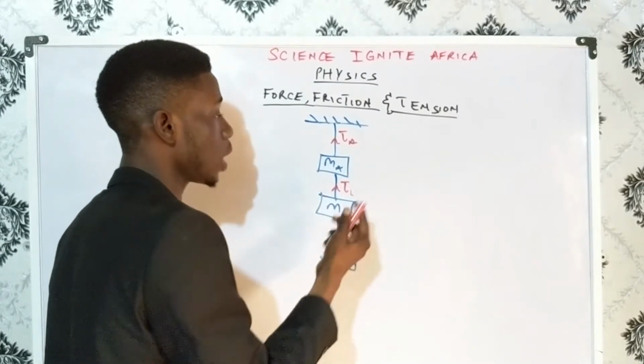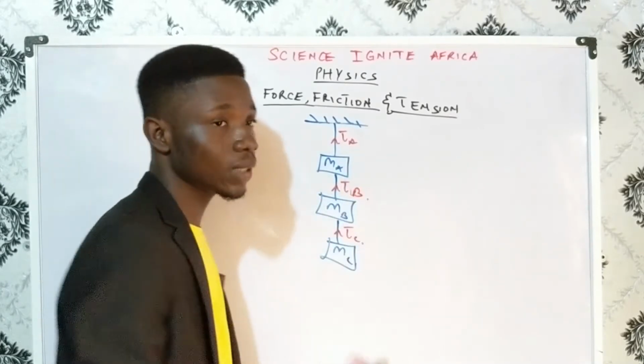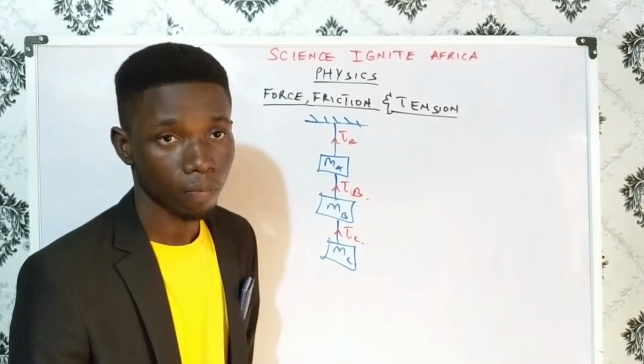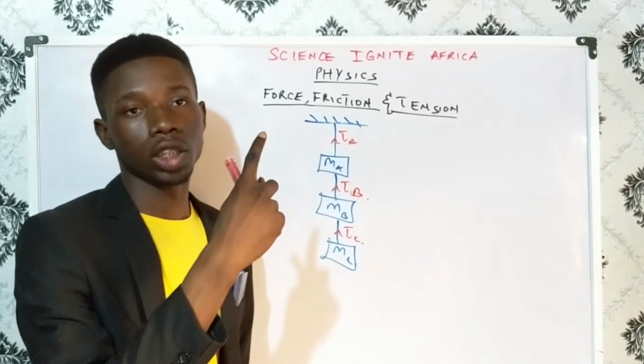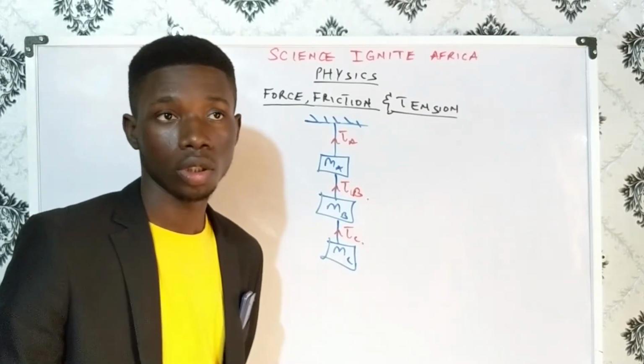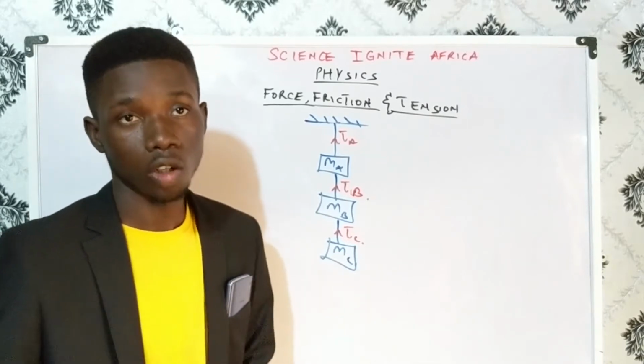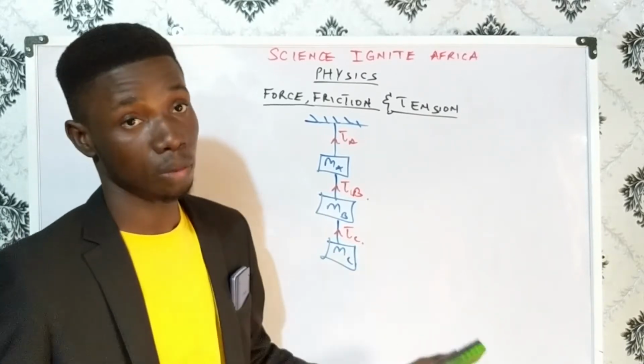Why? It's from what I've explained already the other time. I said if you are hanging a body, then the weight of the body causes a reaction in the string, and this reaction is called the tension. In fact, this tension counterbalances the weight of an object being hung by a string.